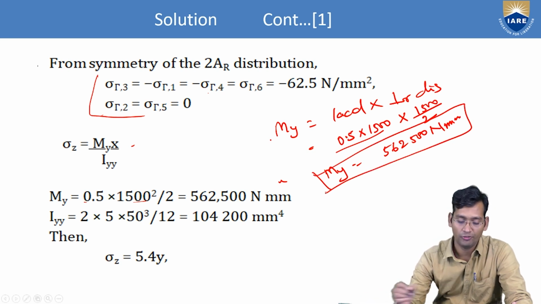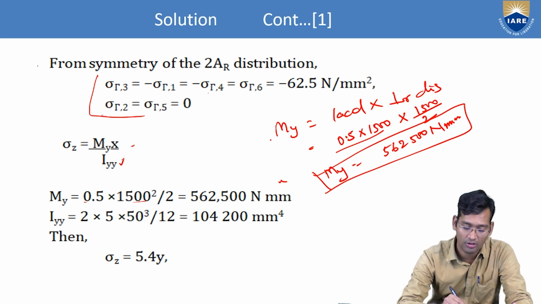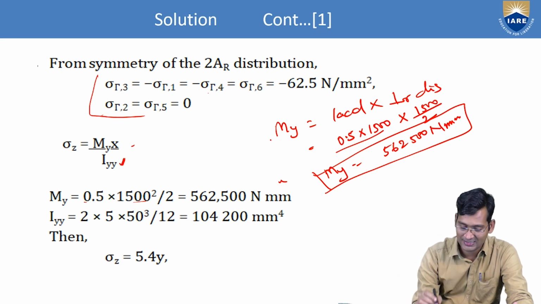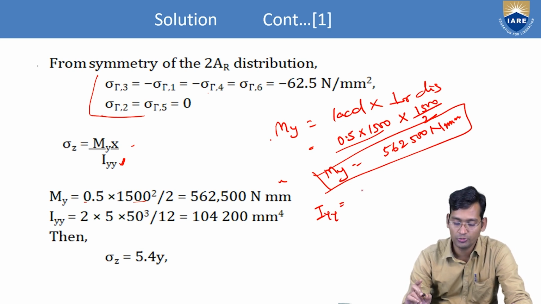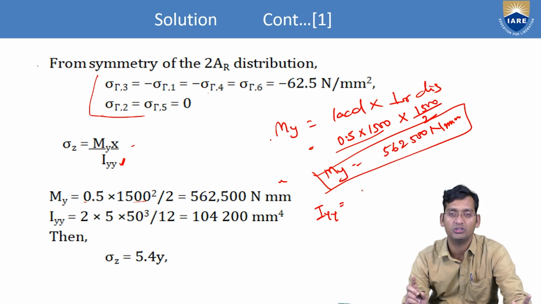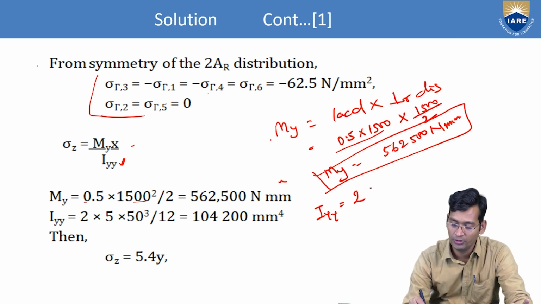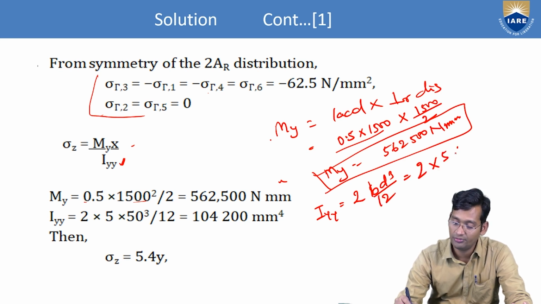Now we have My, so next let's find Iyy. Iyy will be equal to BD cube by 12, but here a symmetric section is there, so 2 into BD cube by 12. B is 5, D is 50, because along that axis only we are finding, divided by 12.